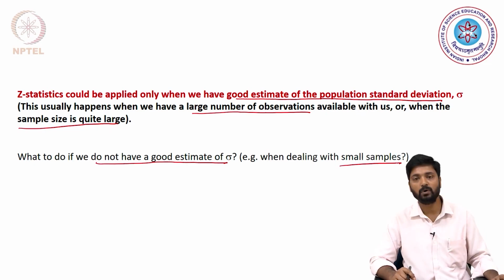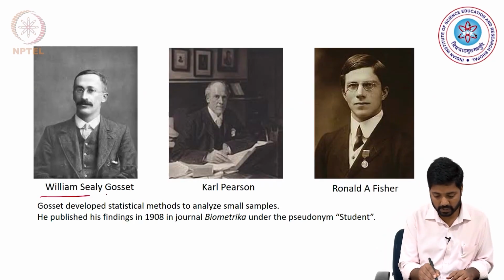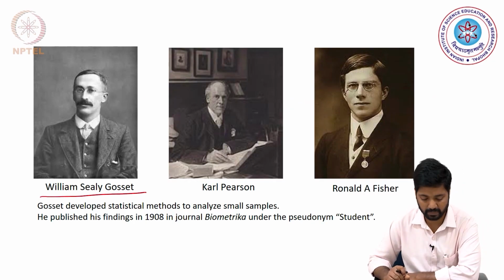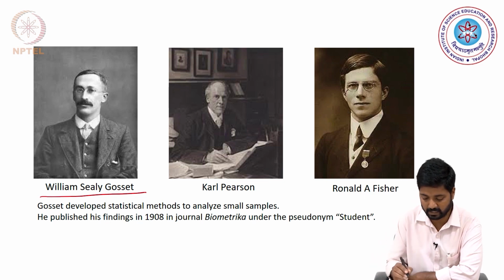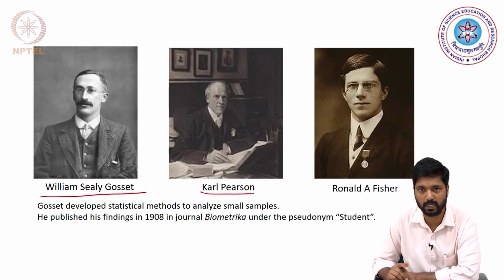Now, this question was very effectively answered by William Gosset, who is shown here from a Wikipedia image, and he, along with 2 other stalwarts of statistics, Karl Pearson, the same person in whose name Pearson coefficient is given, and similarly Ronald A. Fisher, in whose name other statistical tables are available.